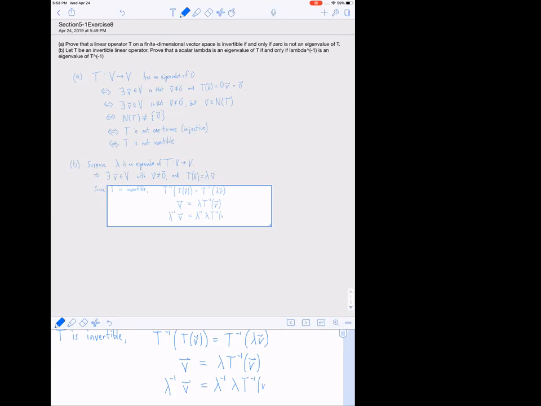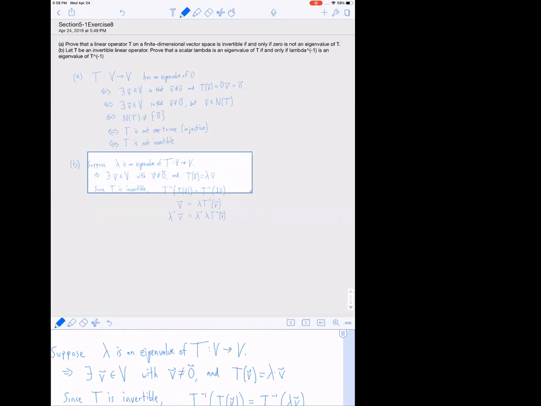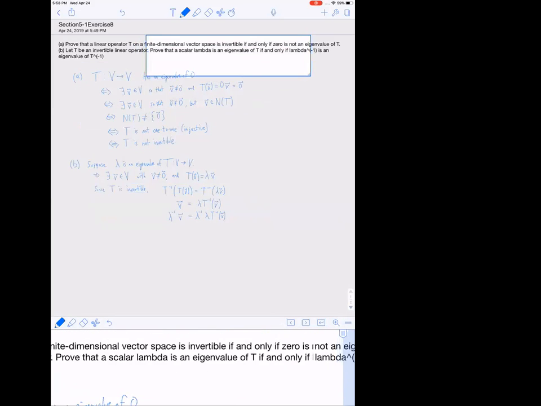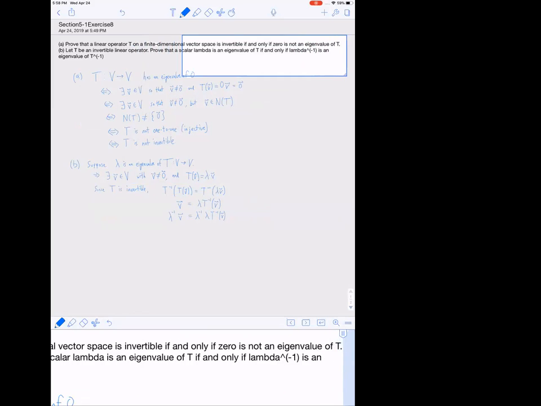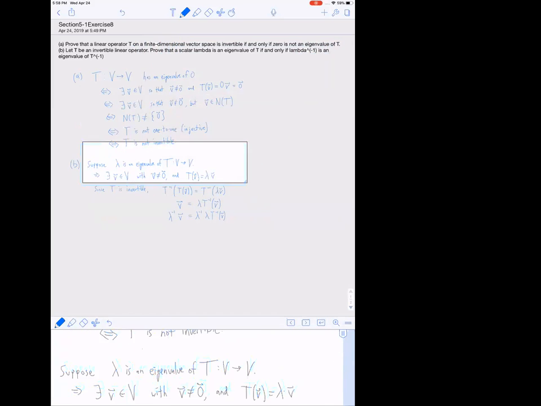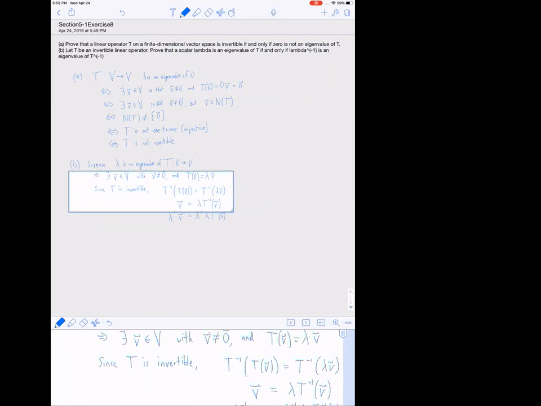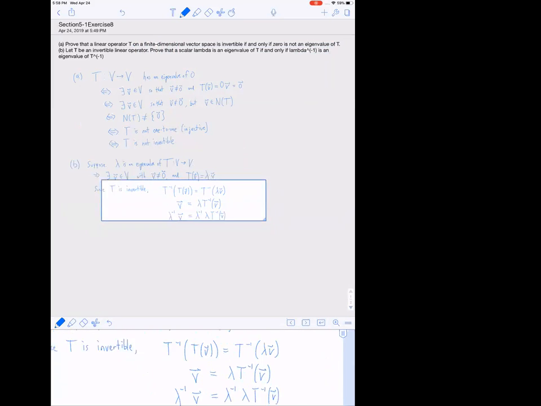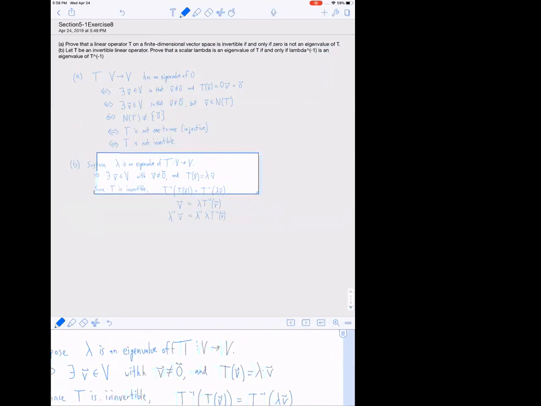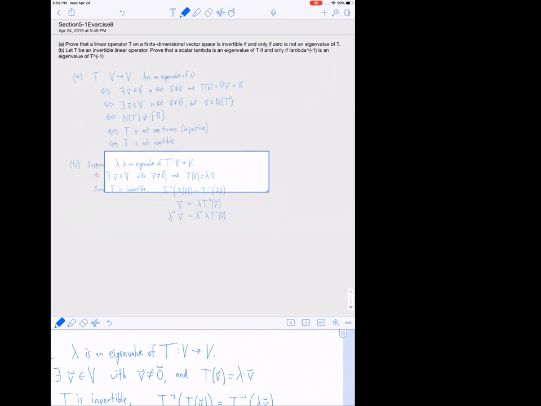The only possible problem that might occur is if lambda were 0, but of course from the previous problem we know that T is invertible if and only if 0 is not an eigenvalue. So if we have an invertible linear transformation, then in particular lambda is not 0. So let's add that here as a note.